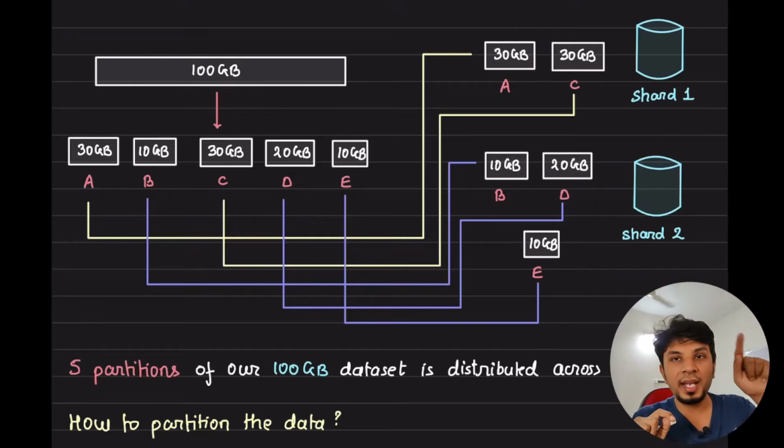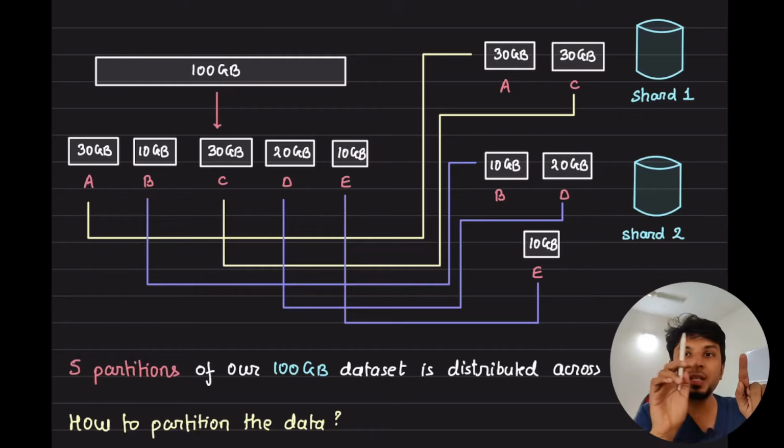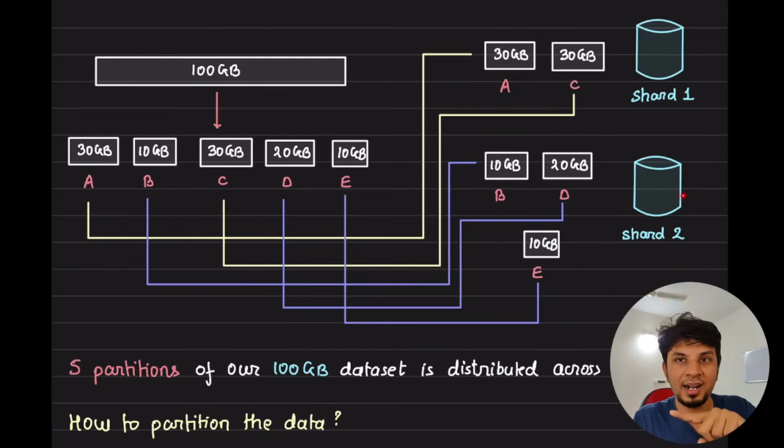Depending on which partition holds that data, you forward the request to the corresponding shard. Let's say the request came in and you know this data is part of partition B. You know partition B lies on shard 2, so you forward the request to the database server which is shard 2, and within that it would hit that particular partition to get the data.